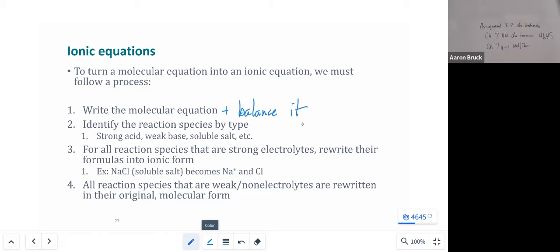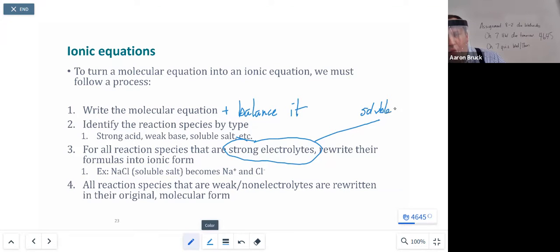So again, strong electrolytes, these are your soluble salts, your strong acids, and your strong bases.